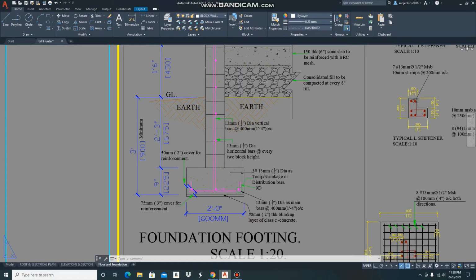And one critical component that I'm going to point out to you, from an engineering standpoint, is how you can check the width of your wall footing and the thickness of your wall footing, to see if it is in conformance with engineering principles.